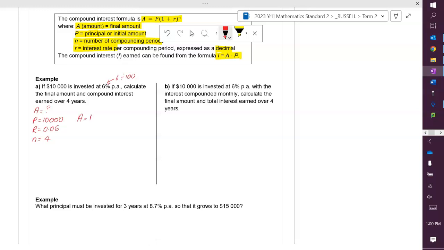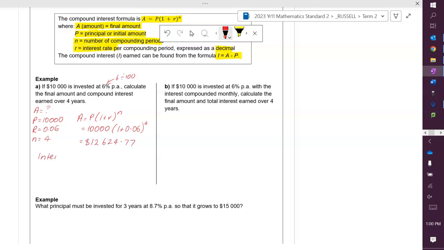So if we take our formula, we're going to fill in the information. The principal is 10,000, then multiplied by 1 plus the interest rate, to the power of N, the number of years. So the amount that we would earn if we put all that into our calculator is $12,624.77.